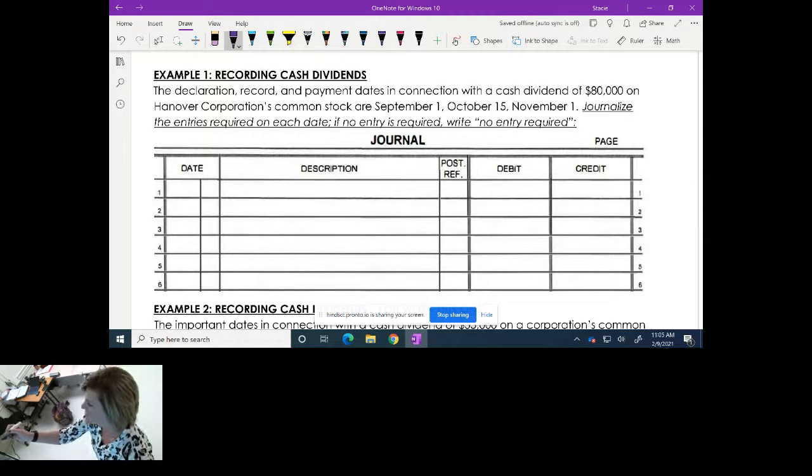So you've got your date of declaration, your date of record, and your payment date. So we need to journalize the entries required on each date. If no entry is required, you need to enter the date and no entry required. I think you have to do that on your homework.